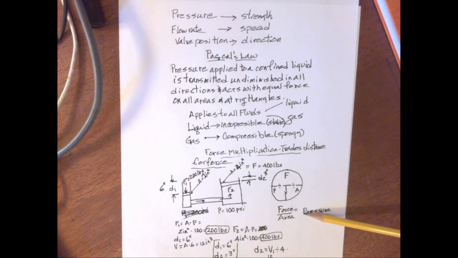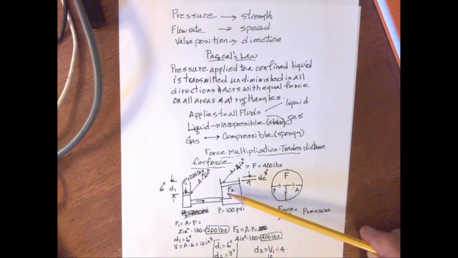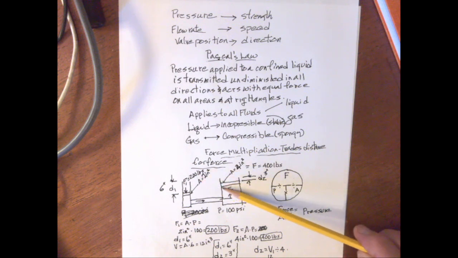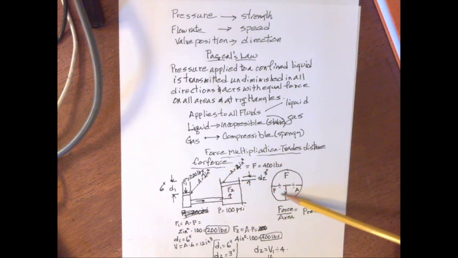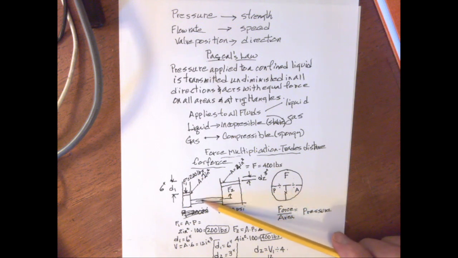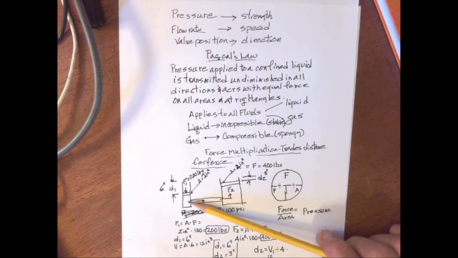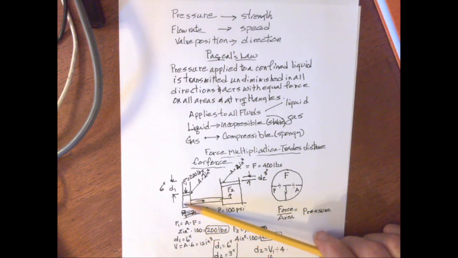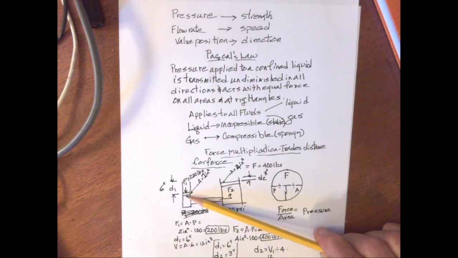Pressure is equal to the force divided by the area. Over here, this 200 pounds would be a force. The area in this case, I made these numbers up, is 2 square inches. This piston, that's the area, and it's a circle, as you can see, and we'll get into that kind of stuff later.